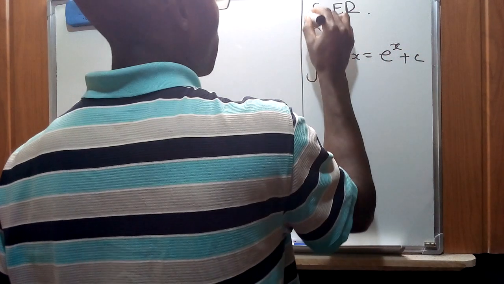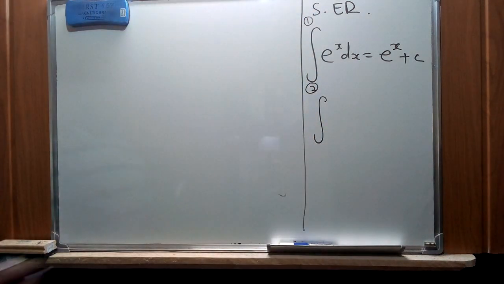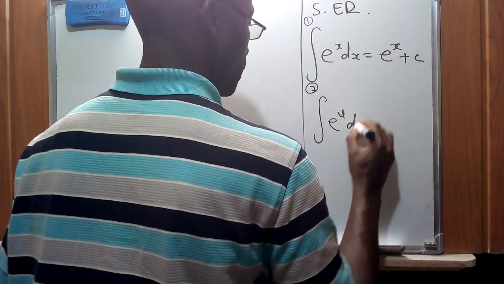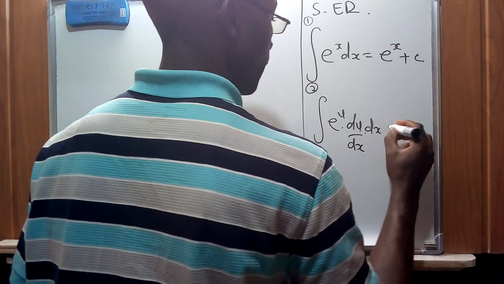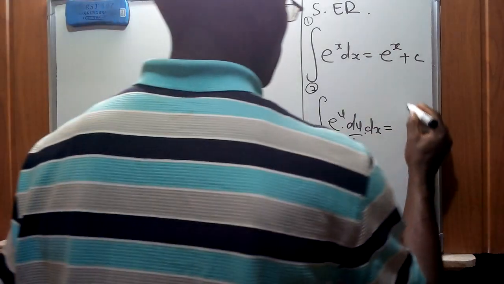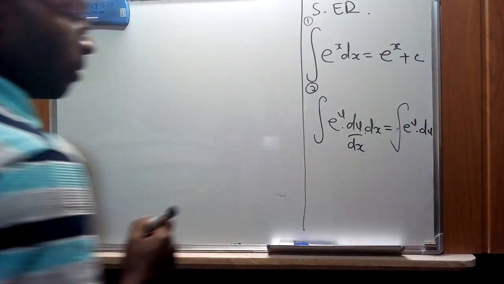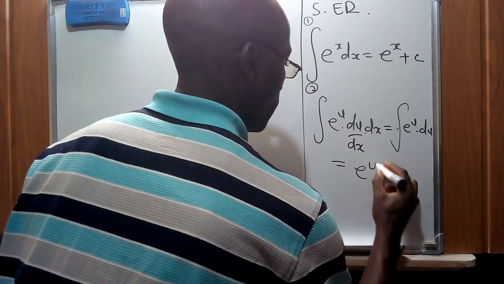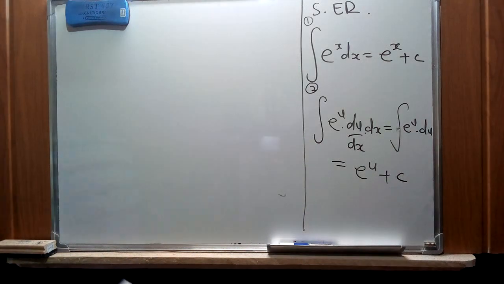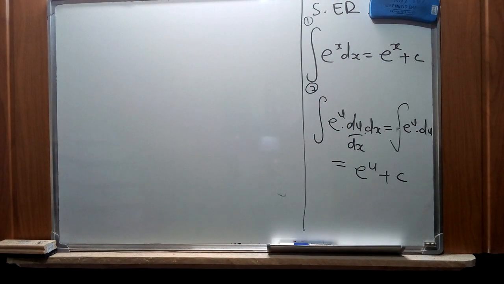And the general exponential rule is the integral of e^u du over dx dx equals the integral of e^u du, which we have said equals e^u plus c. Those are the two specific rules that we're going to apply in our sample questions, so that we understand how they can be used.